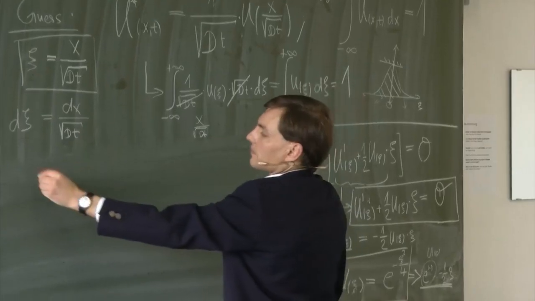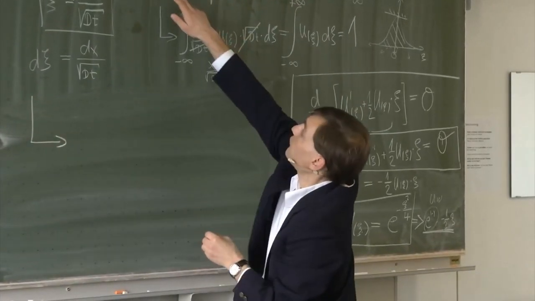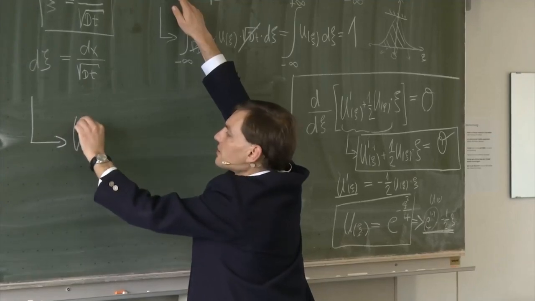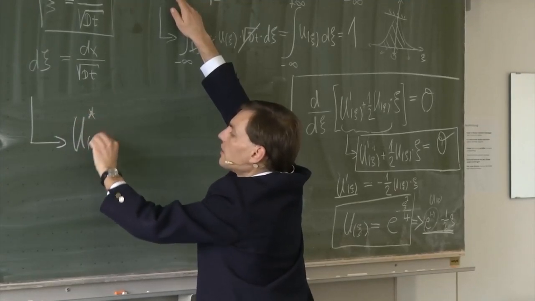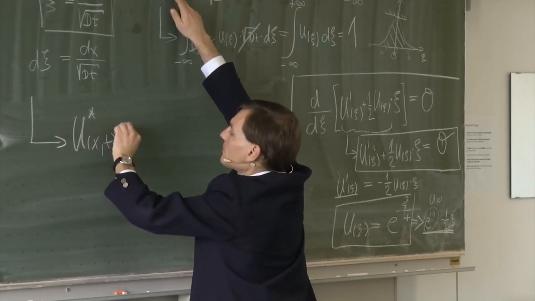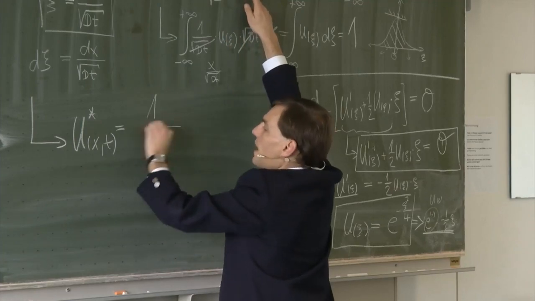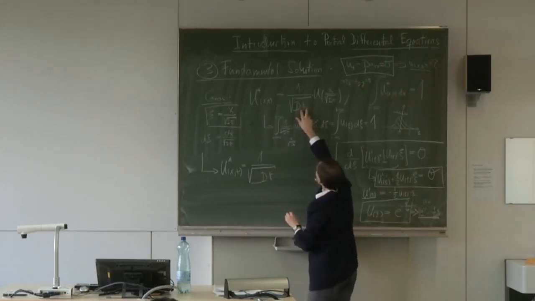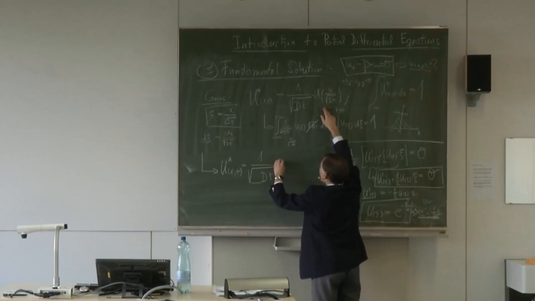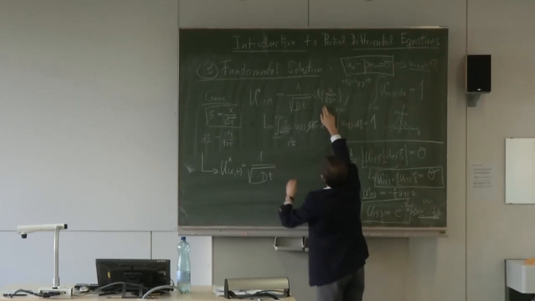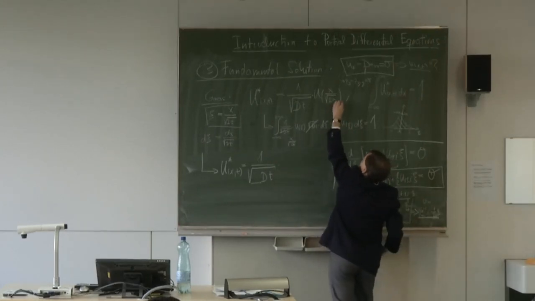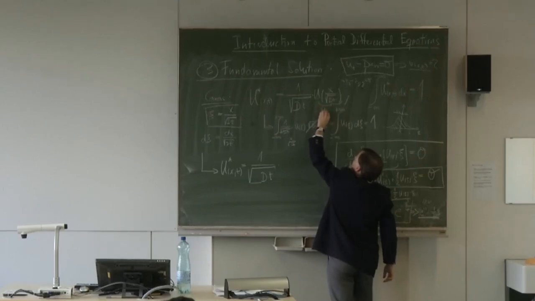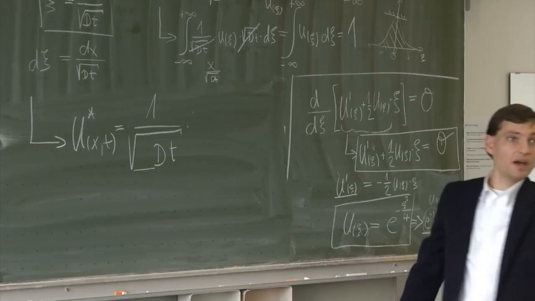So if I go back to my solution, u star as a function of x and t, which is 1 over the square root of dt, times this, can you see this? This is u of xi, right? This is my u of xi.